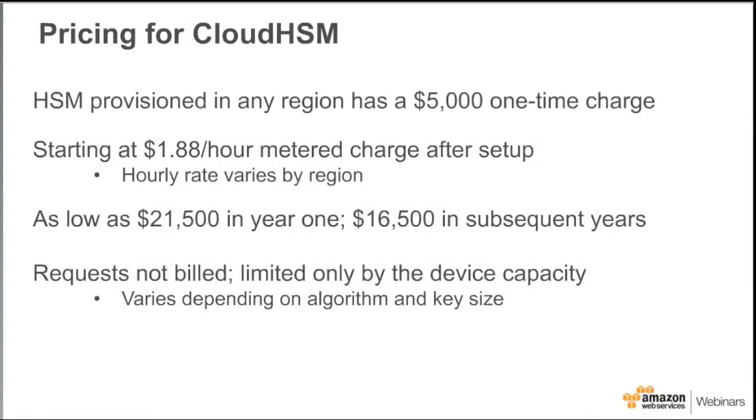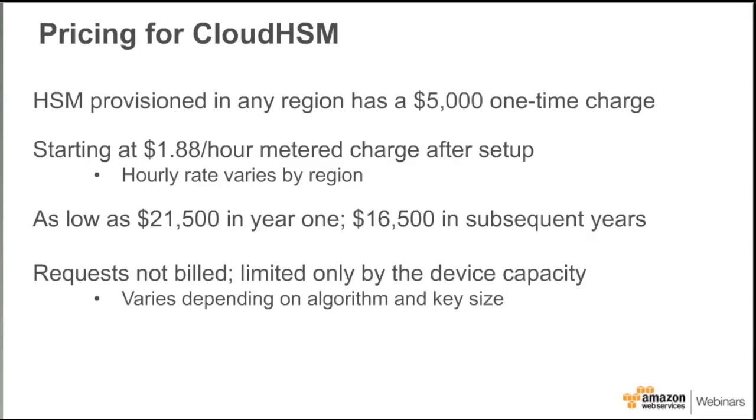Pricing for CloudHSM. Well, these are dedicated appliances. There is no multi-tenancy, and so you get the entire box and all of its capacity dedicated to you. There's a one-time charge for provisioning, and then a metering of a certain amount per hour. The amount starts at $1.88. It varies by region.